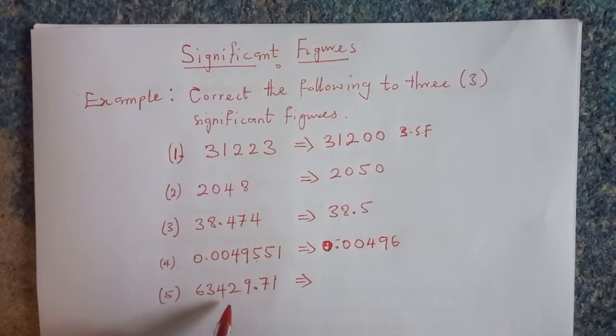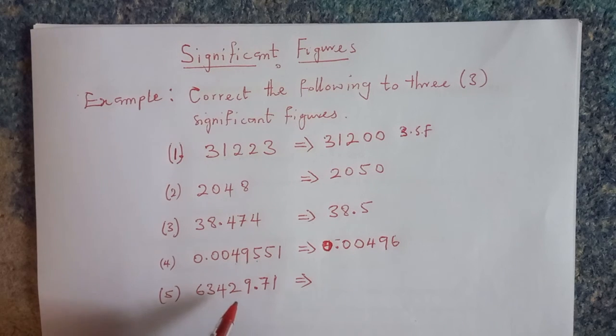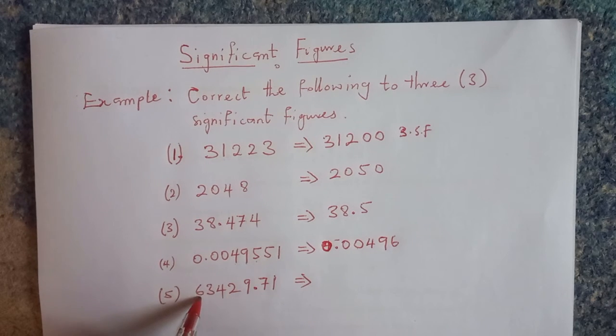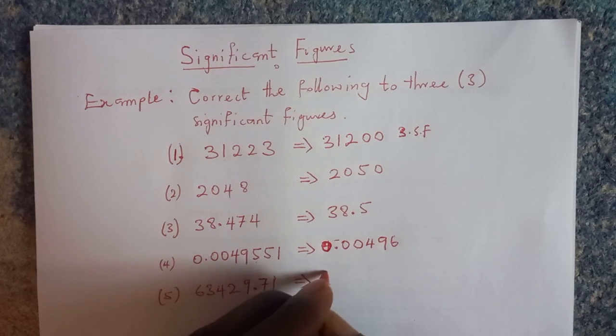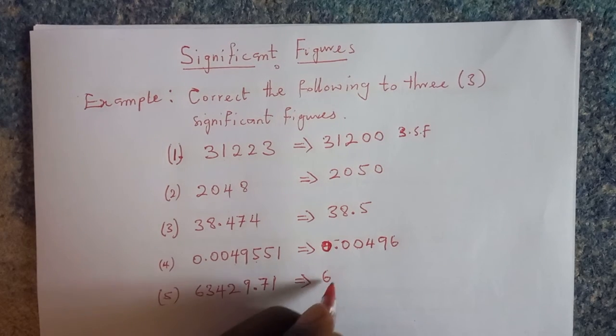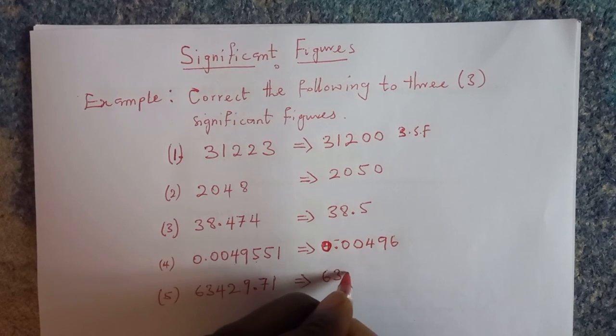In our last example, we have 63,429.71, and we want to express this in 3 significant figures. Just as we did in the first example, this would also be the same thing. So first significant figure, second, third, in that order. So this will become 6, 3, 4.